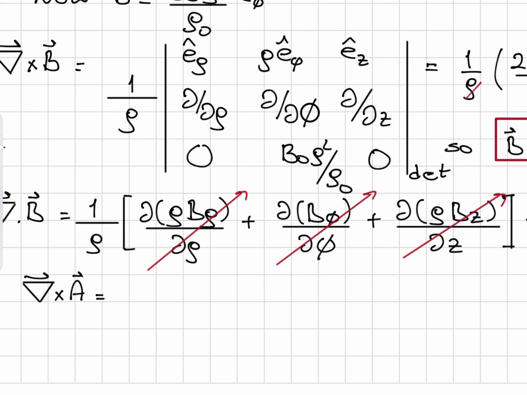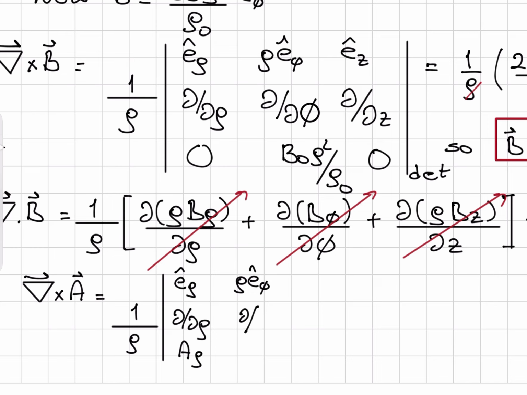It is 1 over the product of the scale factors, so it's 1 over rho, times the determinant: e rho hat, del rho, A rho; and h phi, which is rho, so rho e phi hat, del phi, and rho A phi; and then I have e z hat, del z, A z.